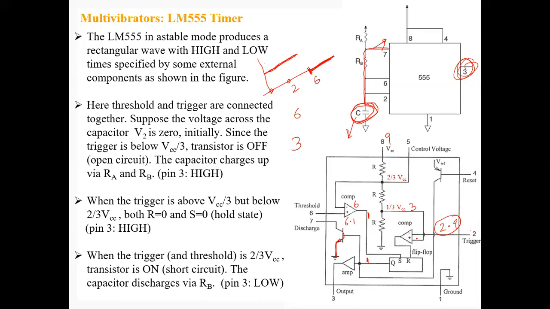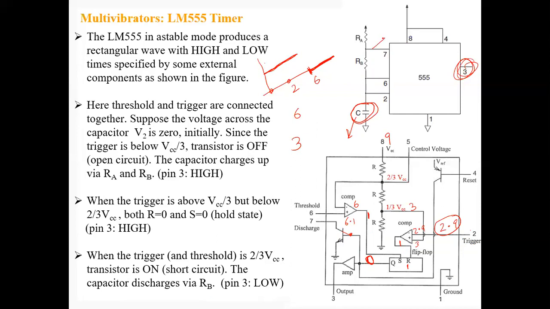This is 3, right? This is 2.9. So this is greater than that. Then this gives me 1. Then your reset is 1. This means this is 0. And this is open now. This guy is open now again.